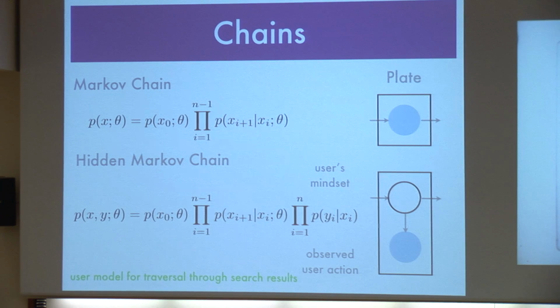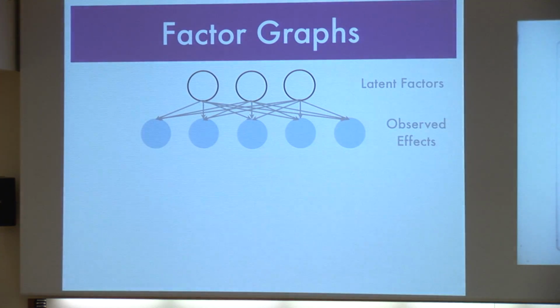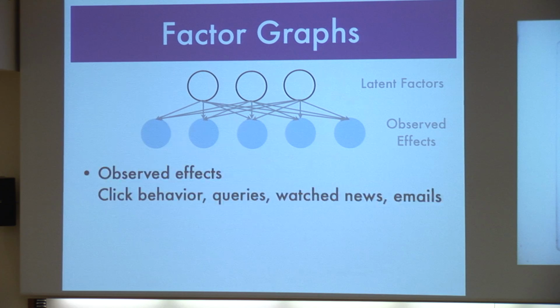Okay. Let me show you a few more models. Factor graphs, for instance. So I might have some latent factors and have observed effects. So what are the observed effects? Like click behavior, queries, watched news, emails, whatever.